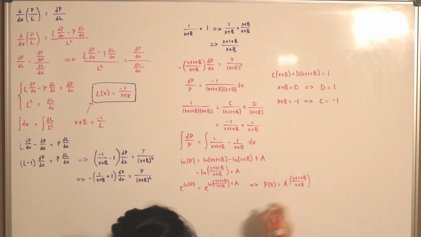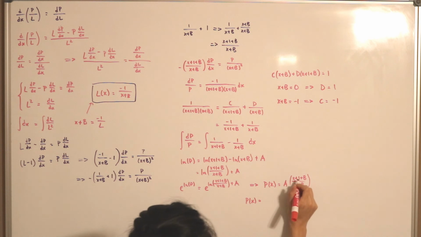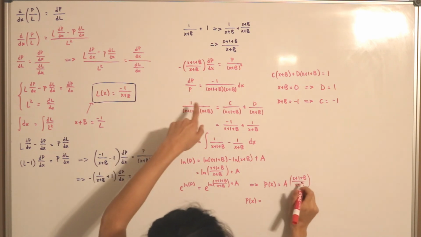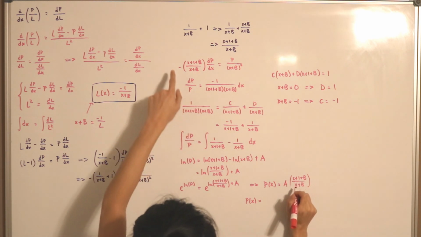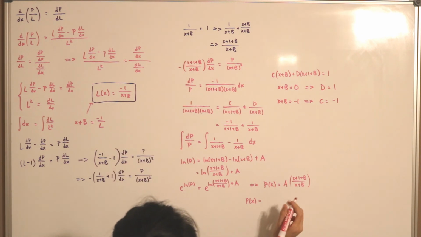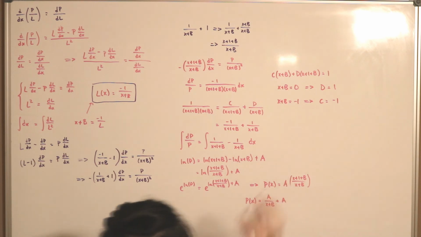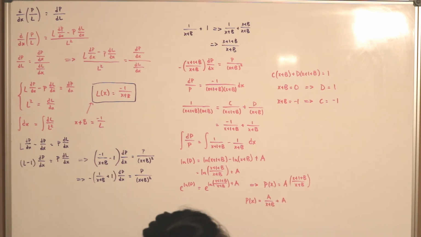And then we can also rewrite this, since x plus 1 plus b divided by x plus b is the same thing as 1 over x plus b plus 1. So when we distribute the a, we get a divided by x plus b, and then plus a. Cool.